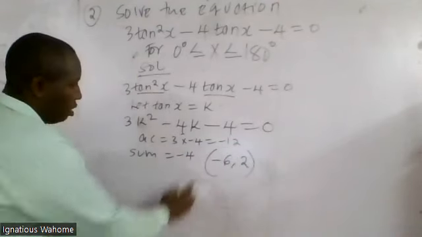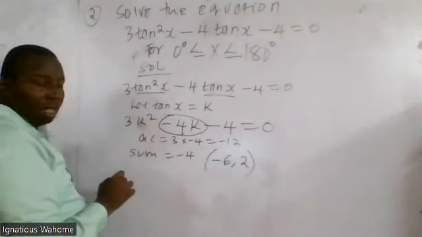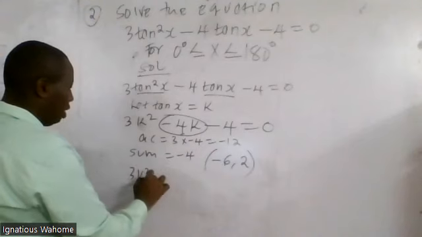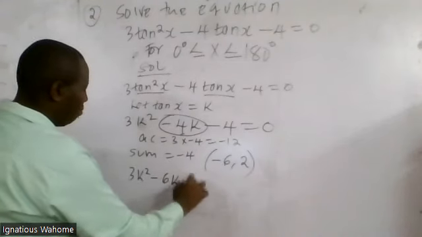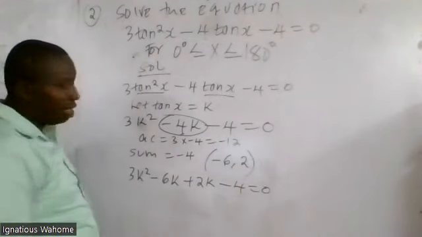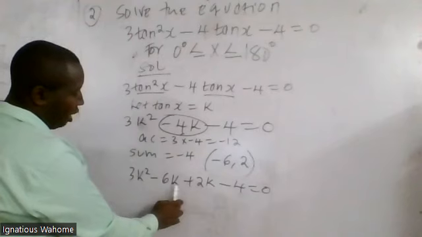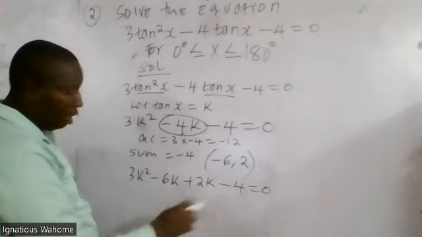So therefore, replace and factorize. You get 3k squared minus 6k plus 2k minus 4 equals 0. In this case, we have replaced minus 4k with minus 6k plus 2k.